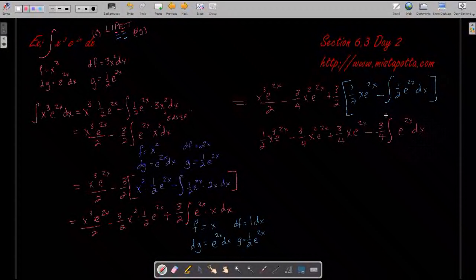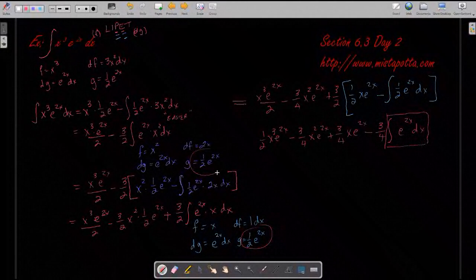Now we've done this integral 3 times in this problem. It's pretty obvious what the integral is, because we've done it so many times.